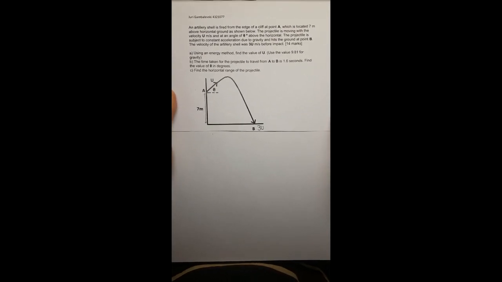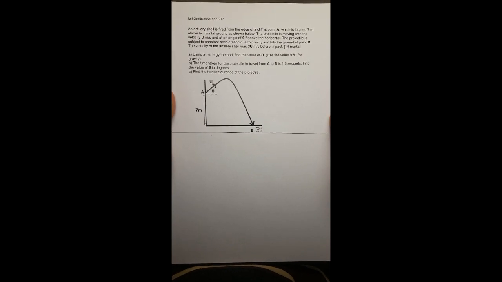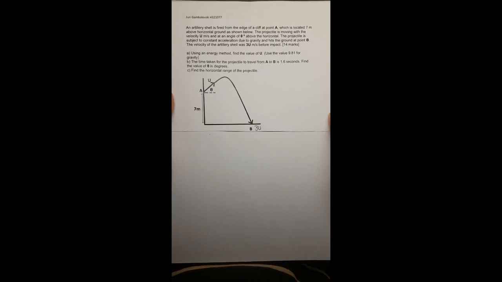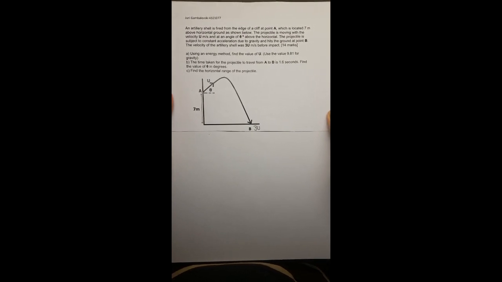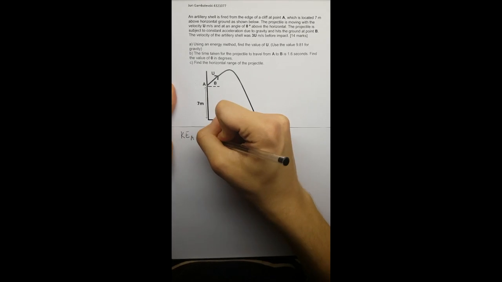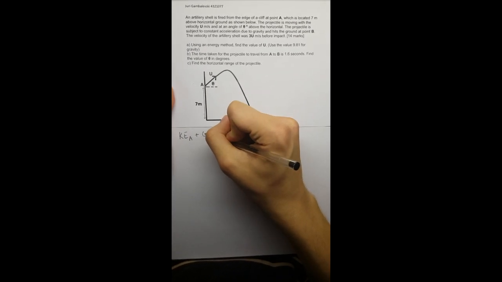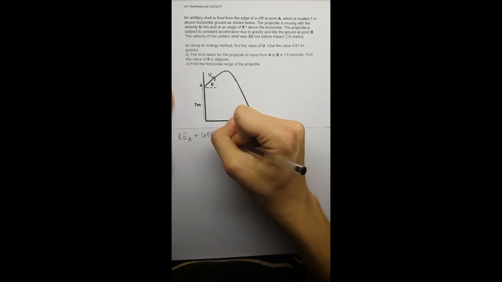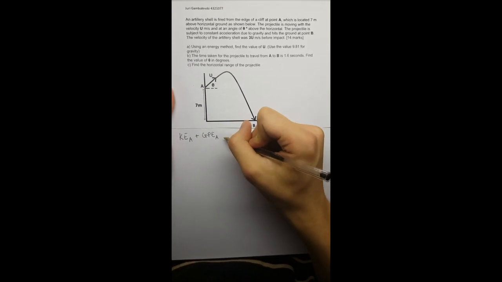So, as we know, the ball starts at height and has an instantaneous velocity of u after launch, meaning there is both kinetic energy and gravitational potential energy acting together. We can write this down as KE at point A plus GPE at point A, and leave an equal sign.